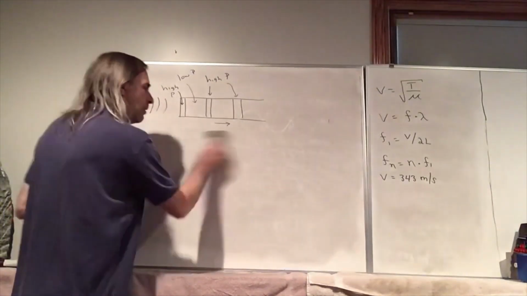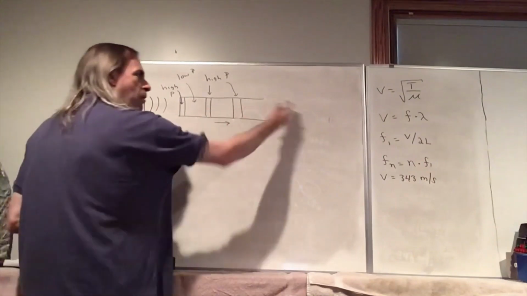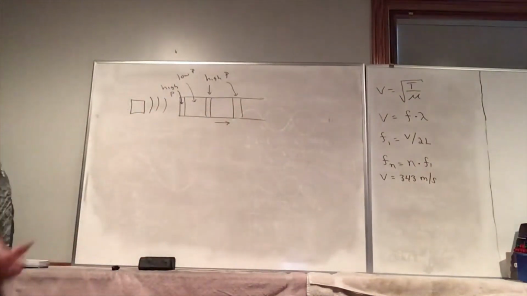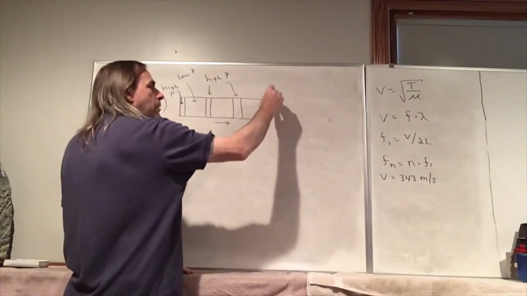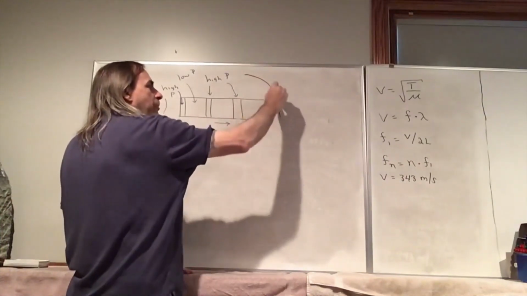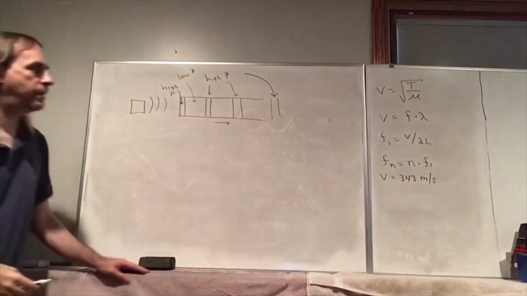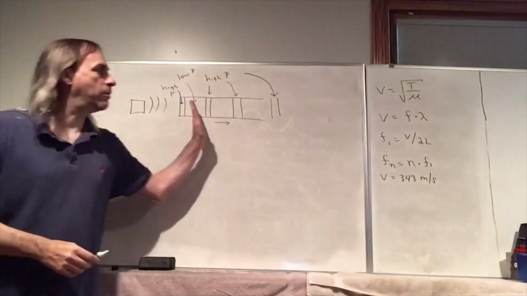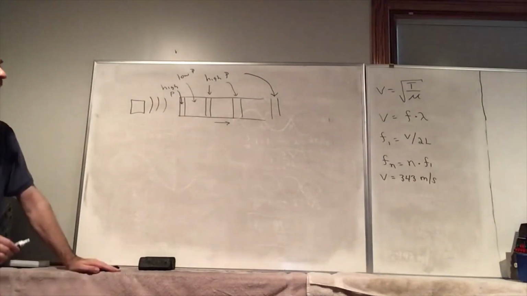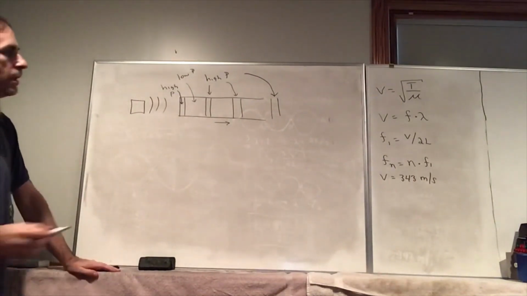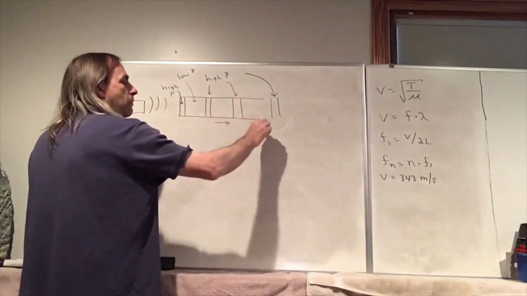But what about here? How are we going to get a reflection when the tube is just open? Let's say this high pressure region just passed. So here's this high pressure region, and you think, okay, it just keeps moving, and the next one comes along, and they keep moving away. But remember, behind every high pressure region, there's a low pressure region.